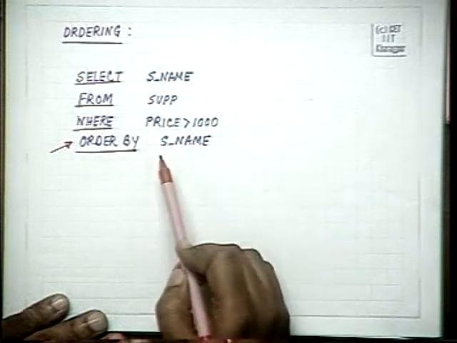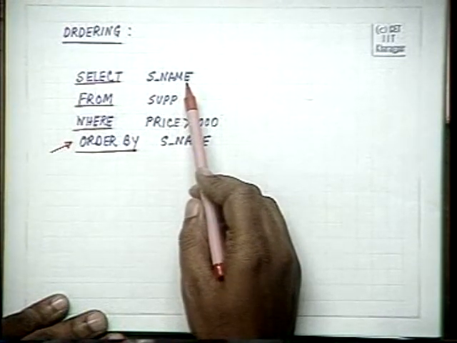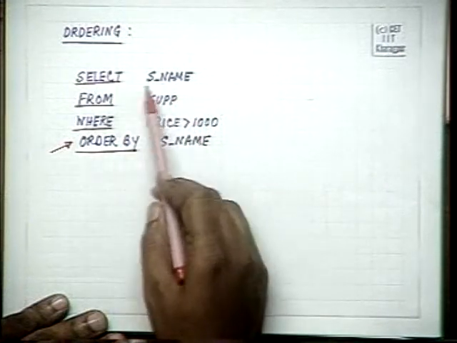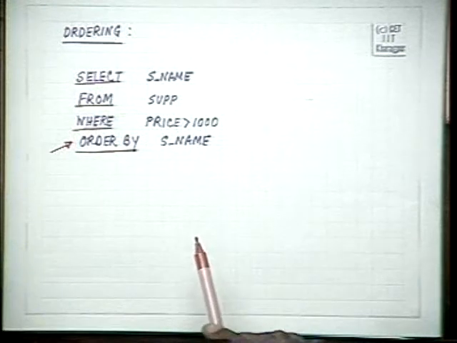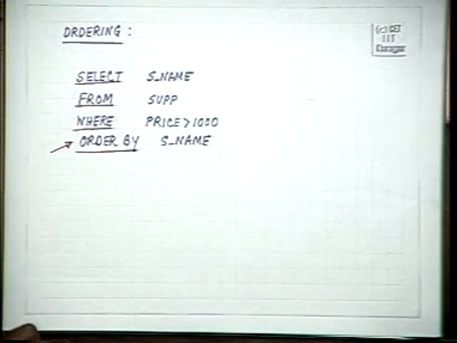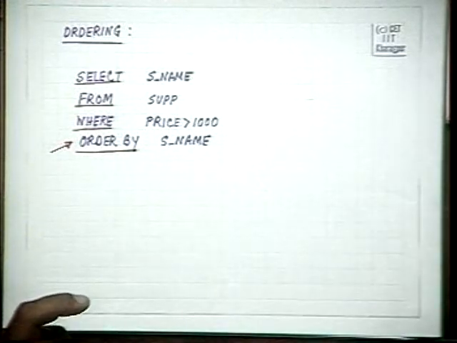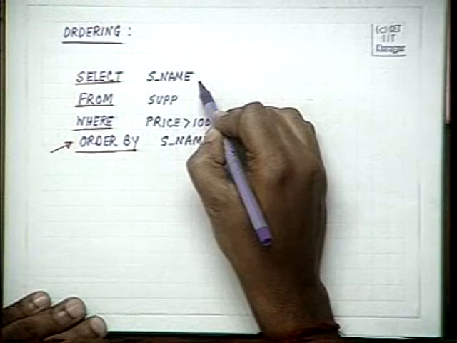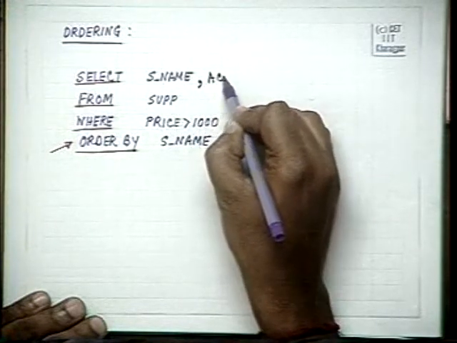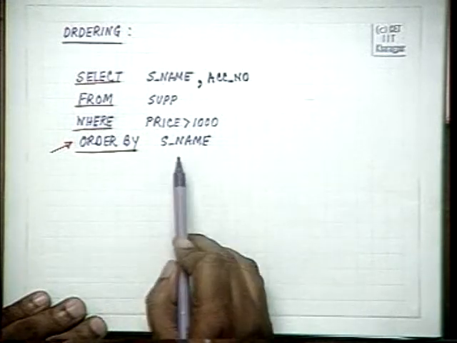So, this will give us from the sub relation the supplier's name only. This will give us only the supplier's name, ordered in the default ascending or descending order. We could have got more than only supplier's name. We could have got supplier's name and we could have got accession number and order it by supplier's name.